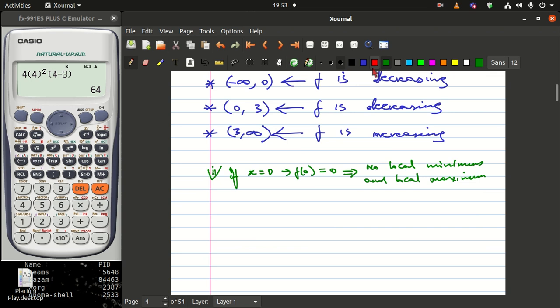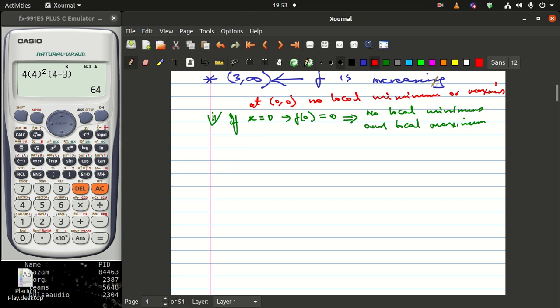So if you want to write it in a very professional way, you can say that when x is equal to 0, y is equal to 0, no local minimum or maximum. So there is nothing of this.